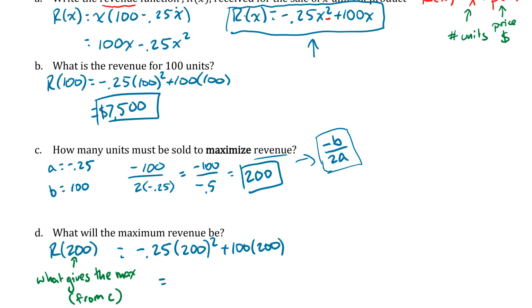And if we just plug all of this into our calculator, then you should get $10,000. So if you sell 200 units, then that would give you the maximum revenue. Because if you end up making more units, then the price goes down far enough to where you start losing revenue in the end.